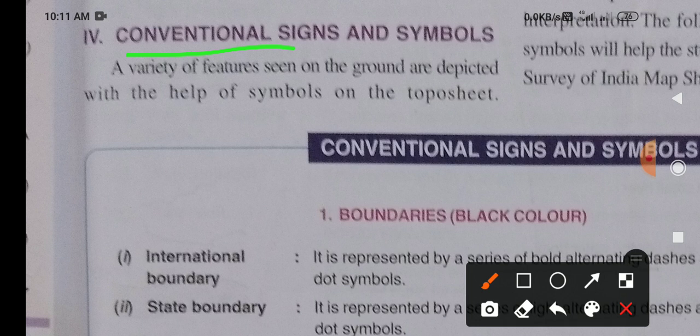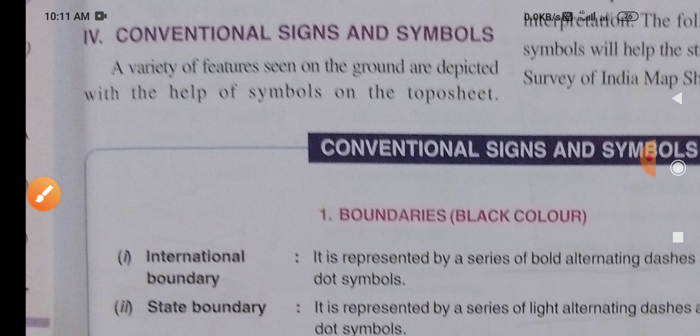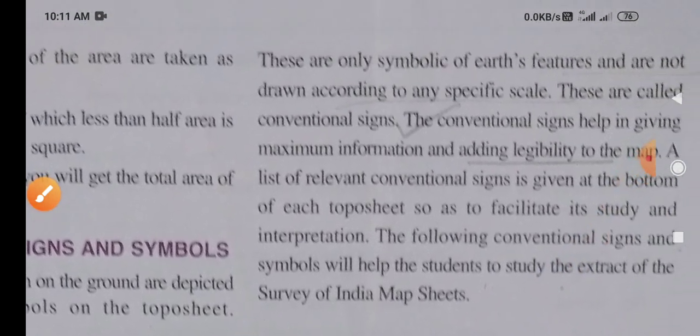There may be a little bit of change, but it does not make much difference. So it is always advisable that you learn all this. If you keep these signs and symbols in your memory, it becomes easy for you to identify the features.